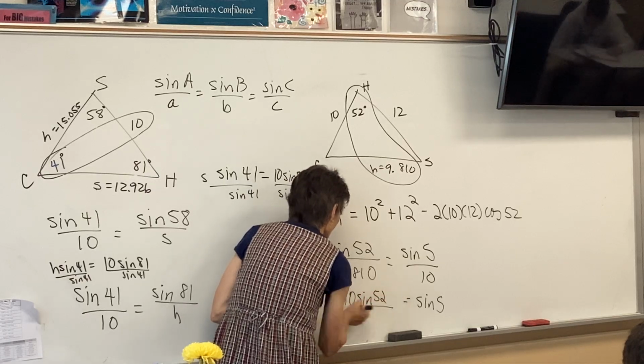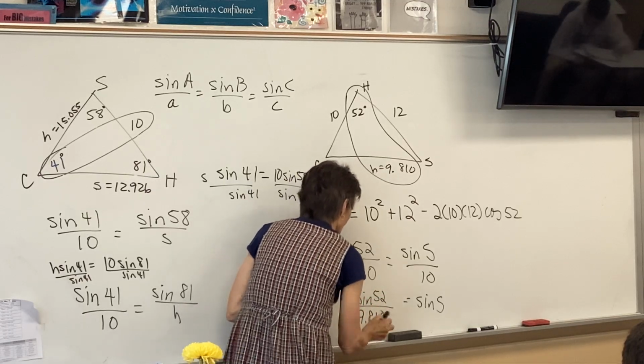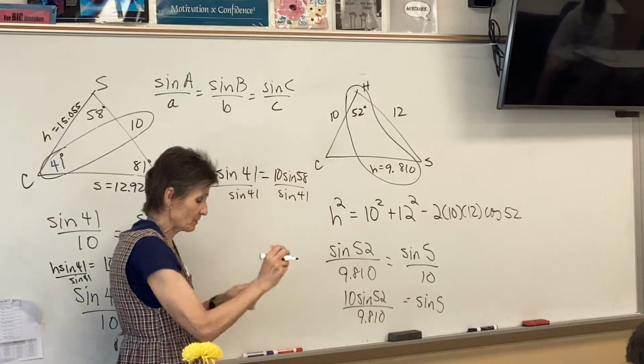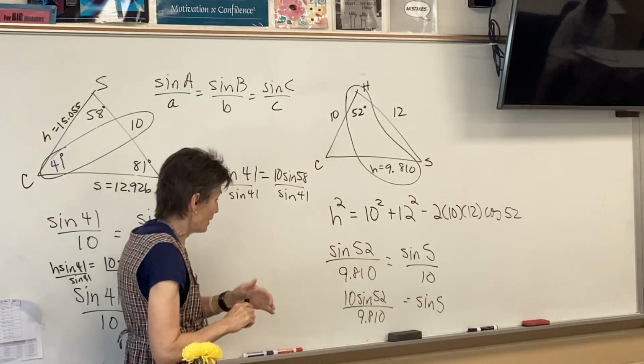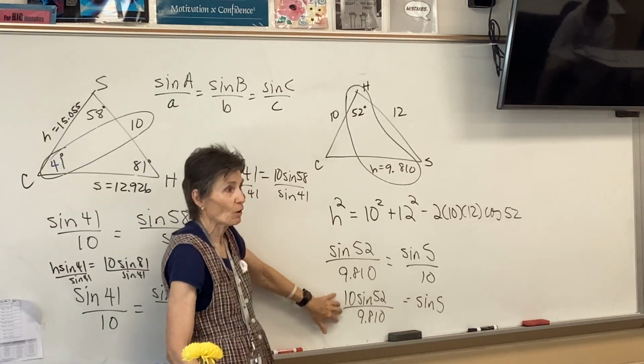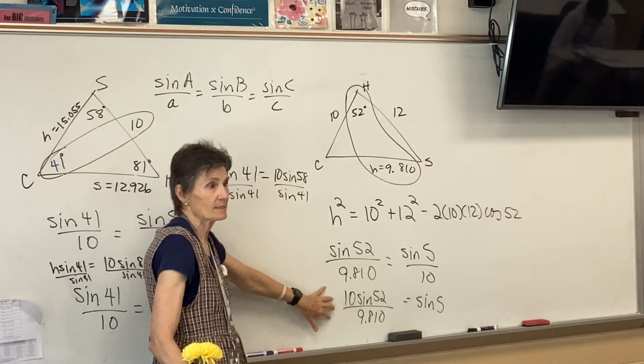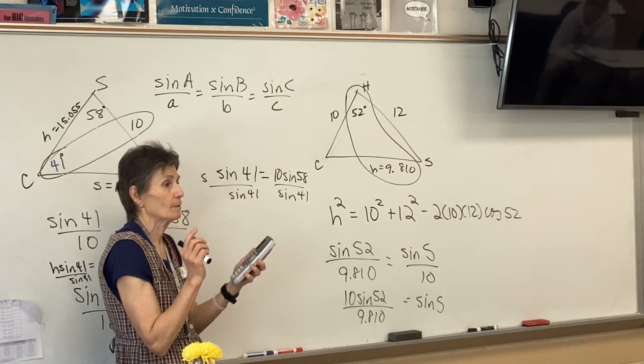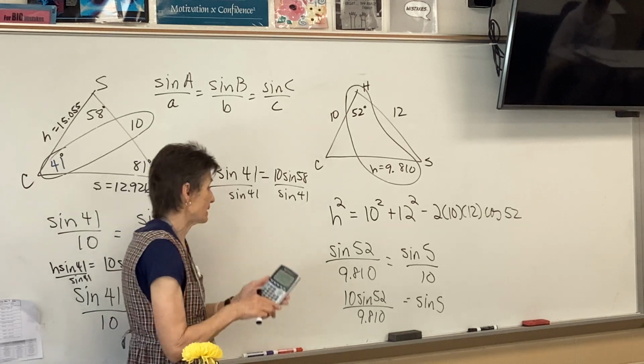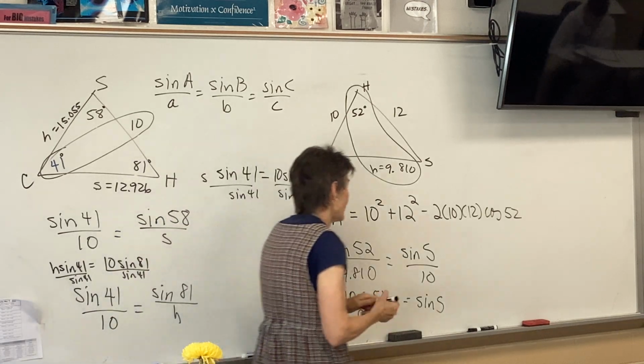Now be careful. What am I going to have to type in on my calculator? Do not type in this fraction as the answer, because the fraction isn't the answer. What am I gonna have to do? Second sine it. Yeah, you need to second sine that fraction.